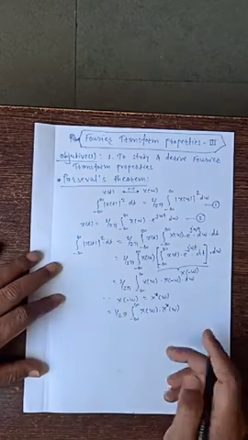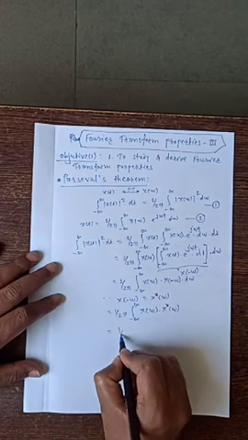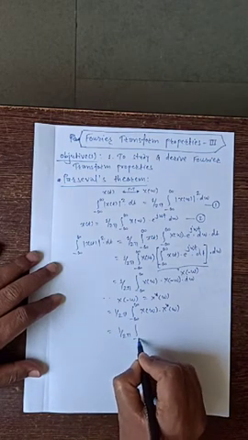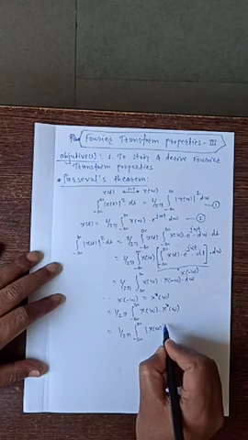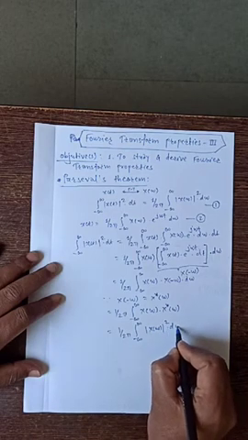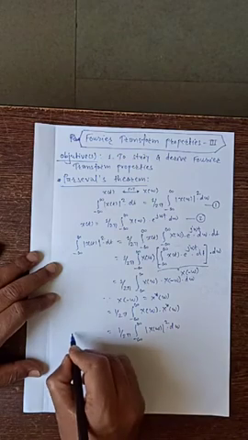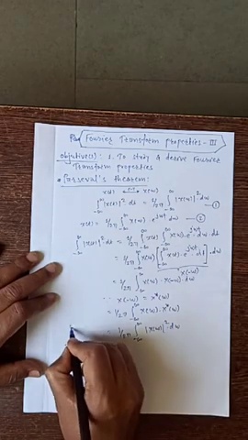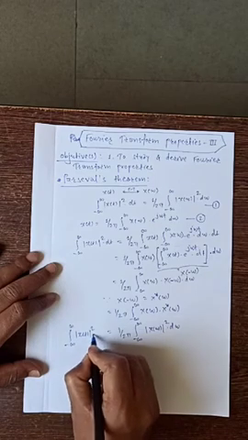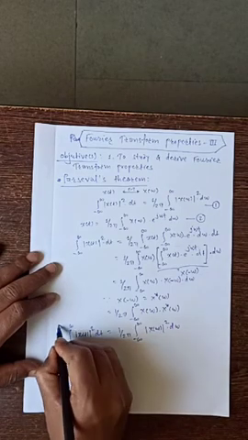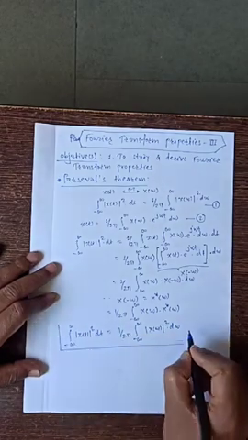So that is equal to 1 over 2 pi integration from minus infinity to plus infinity of magnitude of X(omega) squared into d omega. The left hand side is integral from minus infinity to plus infinity of magnitude of x(t) squared into dt. So this equation is proved.